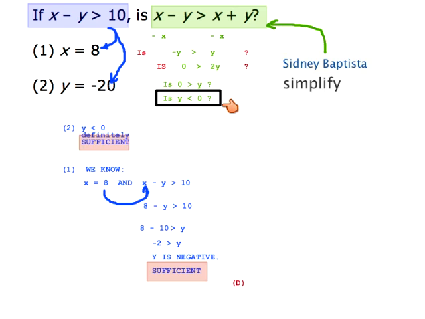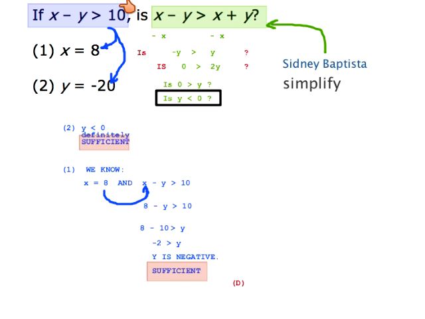Unless you can genuinely simplify something, or unless you have some other good reason, like if you move y over there and get 10 plus y, and one of the statements had 10 plus y in it, then you would have a good reason to try that. But here, I'm not really seeing any good reason to do it. So efficiency-wise, I wouldn't do it. But you can. I just don't really see the point.